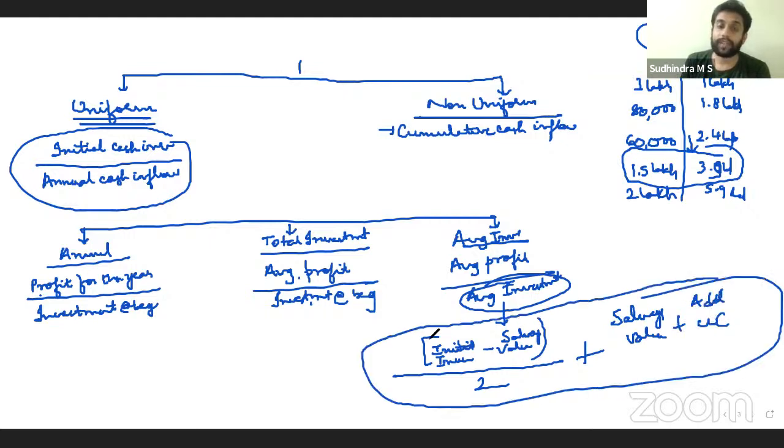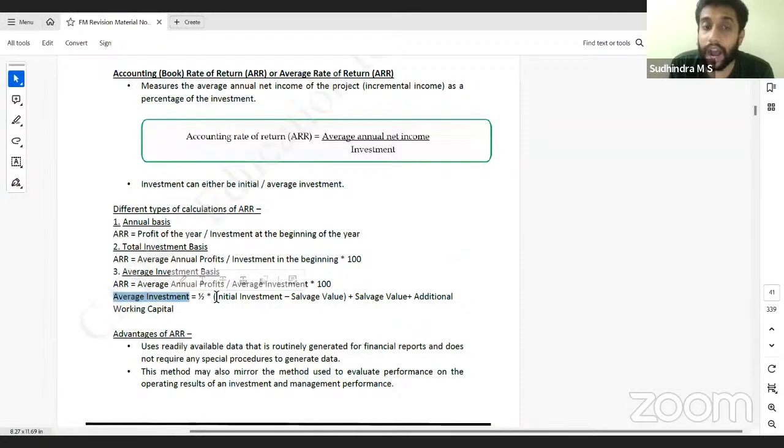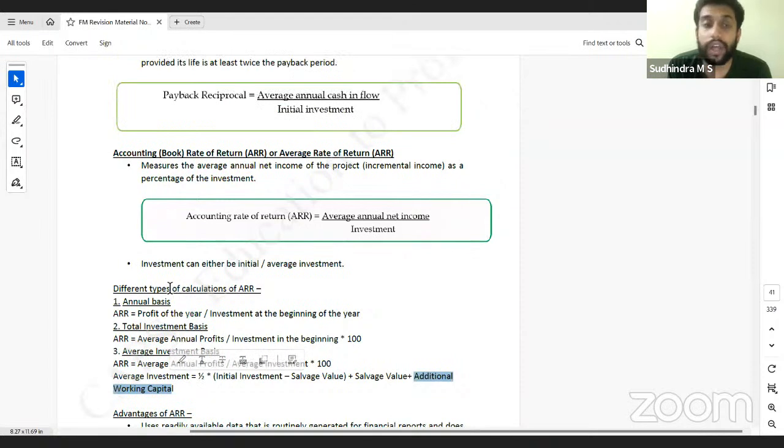That is average investment. So average investment is equal to half into initial investment minus salvage value, plus salvage value plus additional working capital. That's how accounting rate of return is calculated.